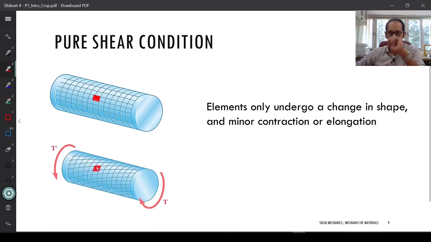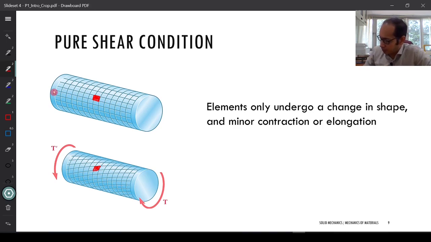So that leads us to a very important conclusion, that when you are looking at elements on the surface, or you will see that on the insides as well, wherever you look, and if you take these elements which are perpendicular to the longitudinal axis, see this element which we drew, we essentially connected 4 points on 2 different circumferences over here, and these circumferential sections, remember, are still perpendicular to the longitudinal axis. If you take those elements, all these elements are in a state of pure shear.